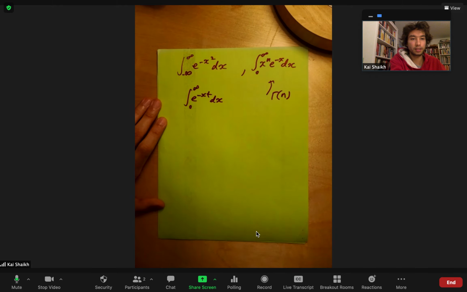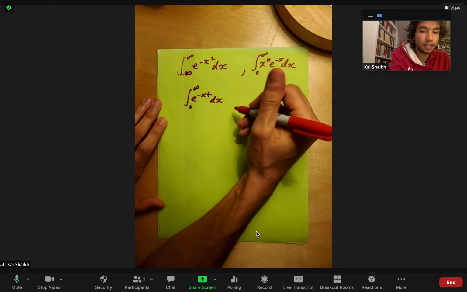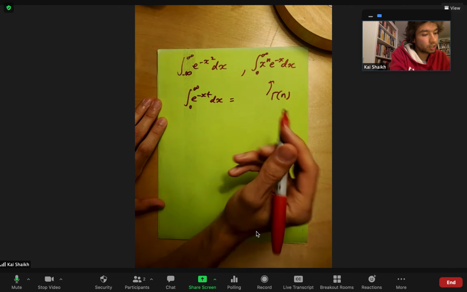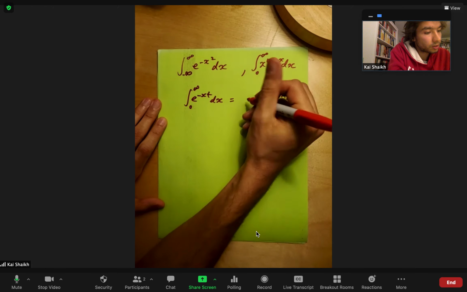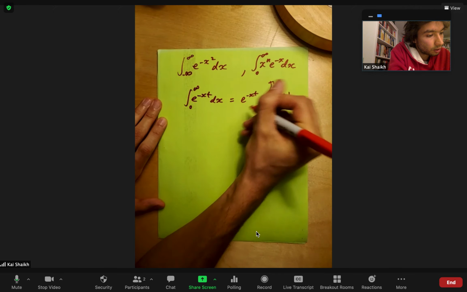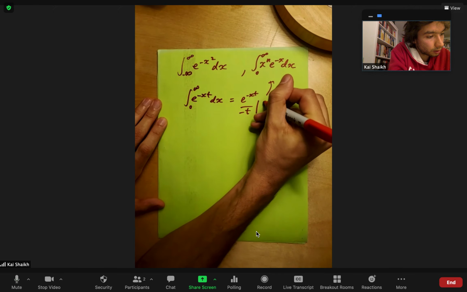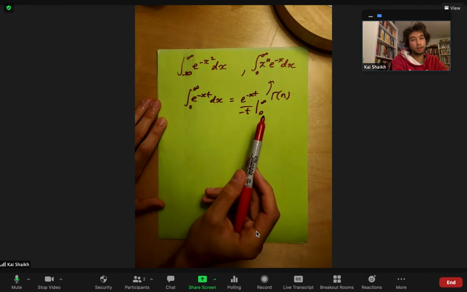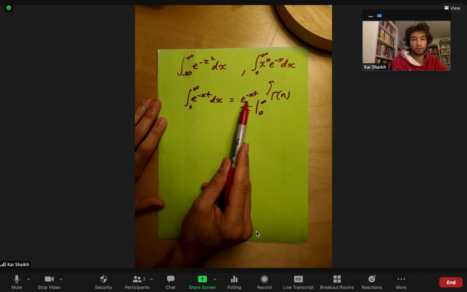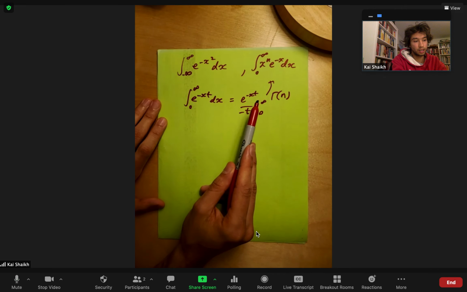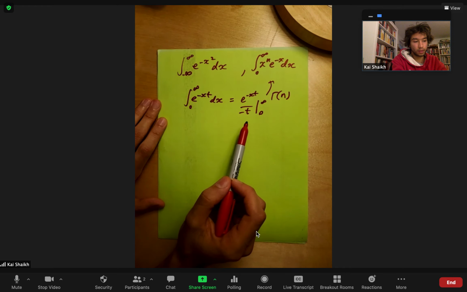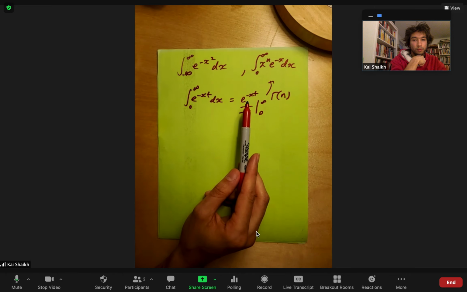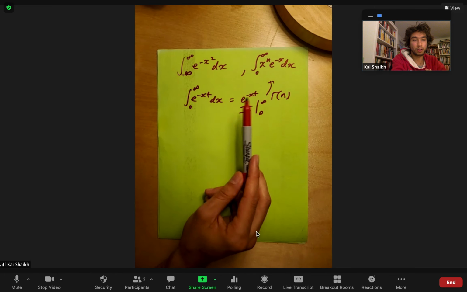The reason this is convenient is because this is easy to integrate. Minus t is just like a constant here, so this is just e to the minus xt over minus t. At infinity this goes to 0 because the exponent gets infinitely large, and at 0 the exponent is 0, so the e part will go to 1.